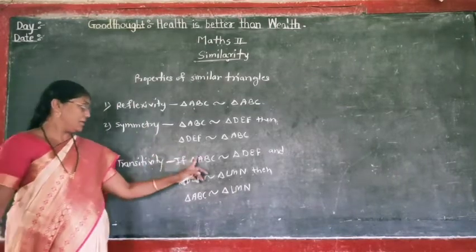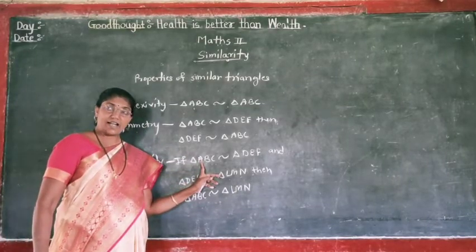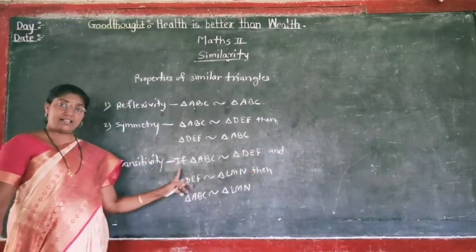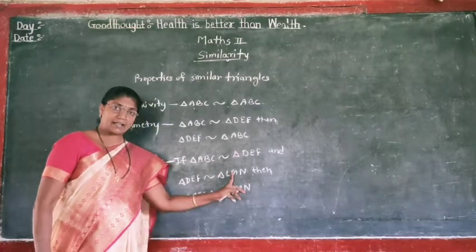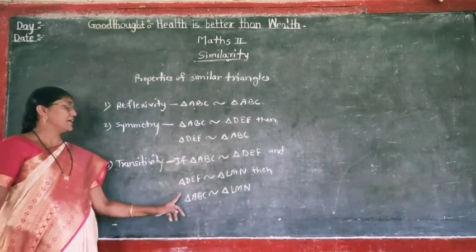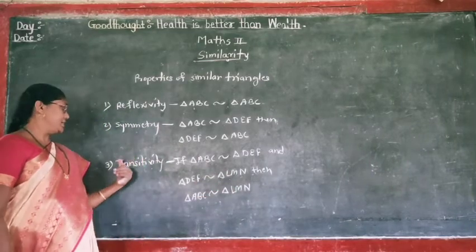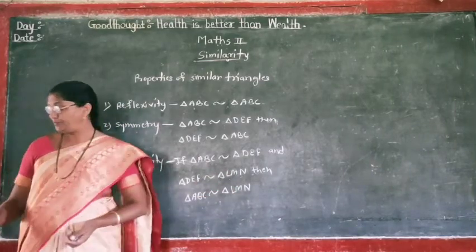See, if first triangle is similar with second triangle, and second triangle is similar with third triangle, then first triangle is similar with third triangle. This property is known as transitivity.